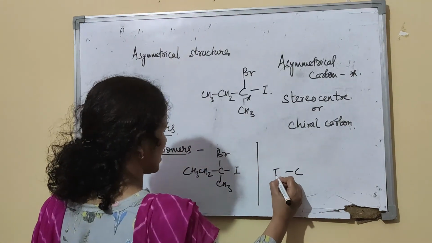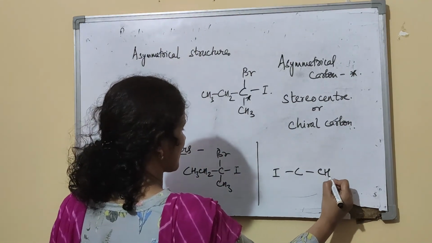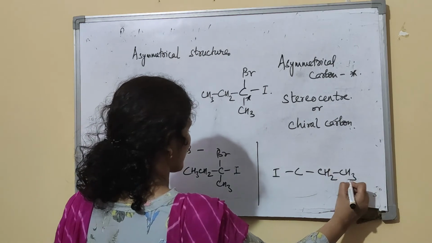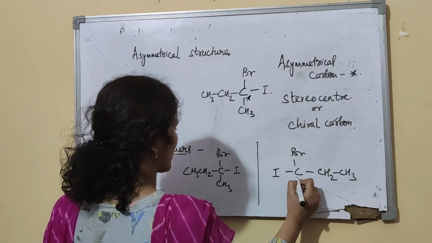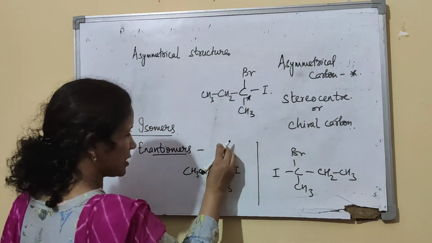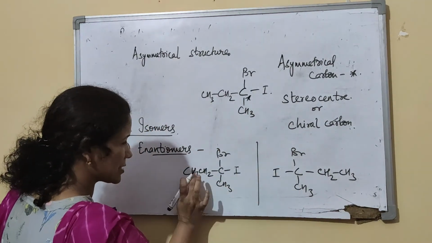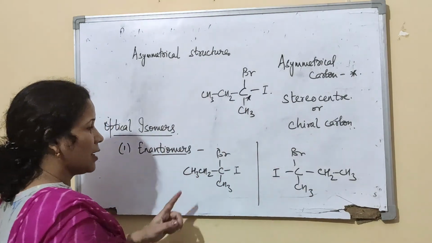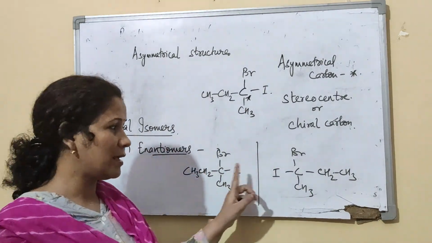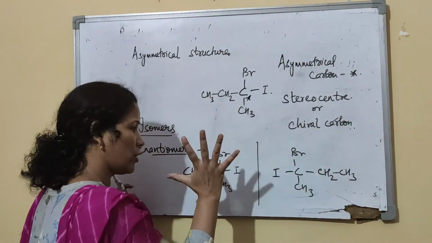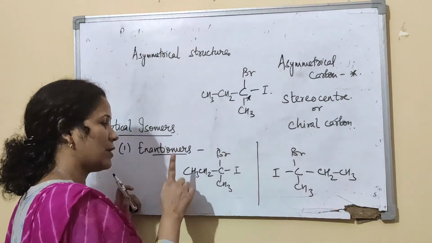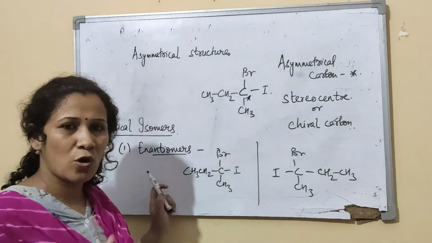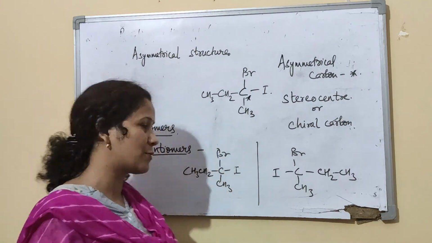You will get a structure like this. You don't change this and this because the plane of symmetry is like this. This will become this side, this will come this side. Inverted. Now if you keep this structure on this, the iodide will come this side. That means they cannot be superimposed, cannot be kept over one another.